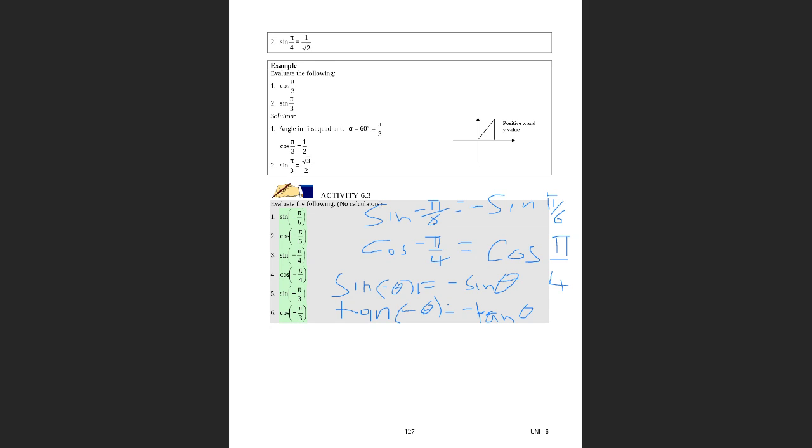And cos is positive, only the cos. When you have cos negative theta, it is the same as positive cos theta.